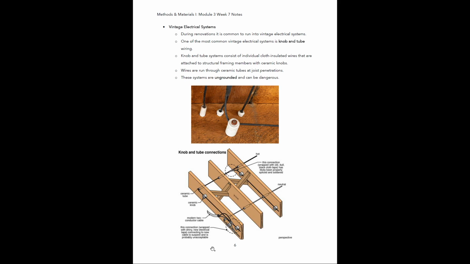And something that you're going to see probably with a lot of older houses, if you do work in them, is areas where people who probably didn't know what they were doing will splice in new wiring, or they'll try to incorporate modern wiring into the old system by splicing it into the knob and tube wiring and just using electrical tape to tie the two together.